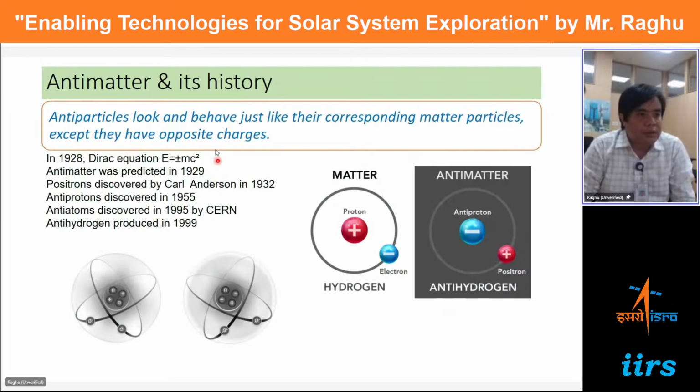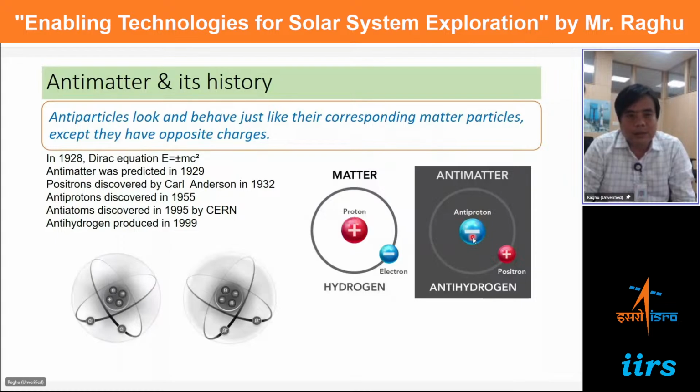Antimatter particles look exactly like their corresponding particles in matter, except they have opposite charge. Here is our neutral hydrogen atom. It has a positively charged proton, and one electron revolving around the nucleus. In antimatter, the antimatter of the proton is the antiproton.